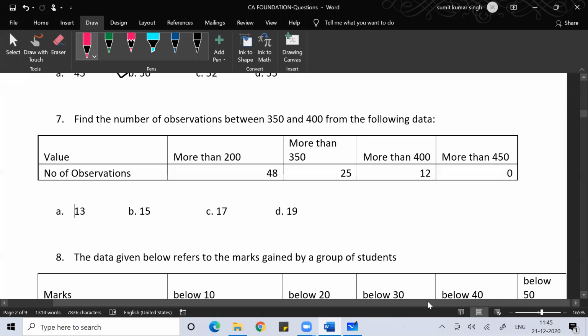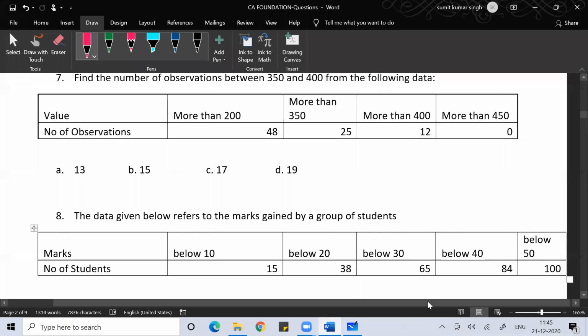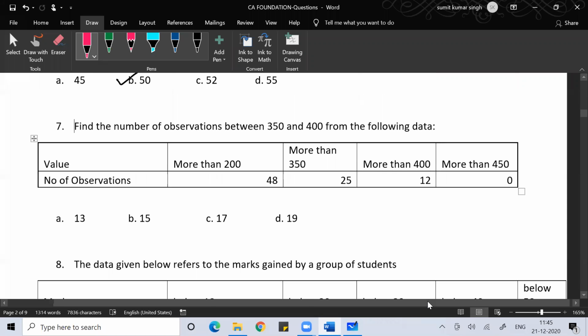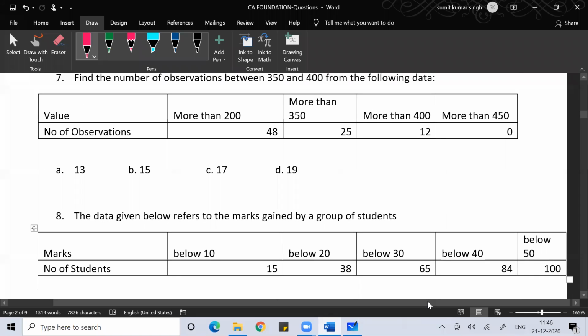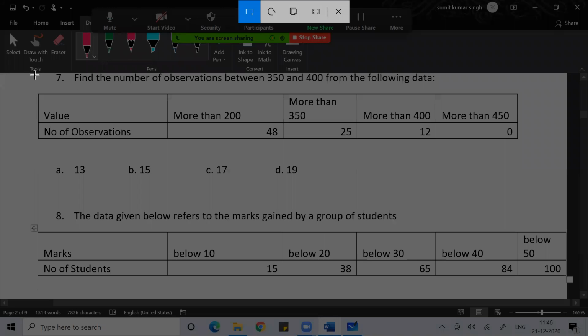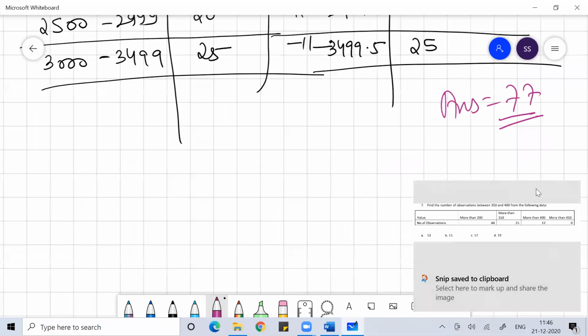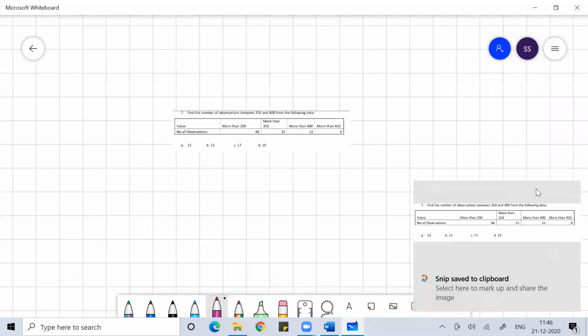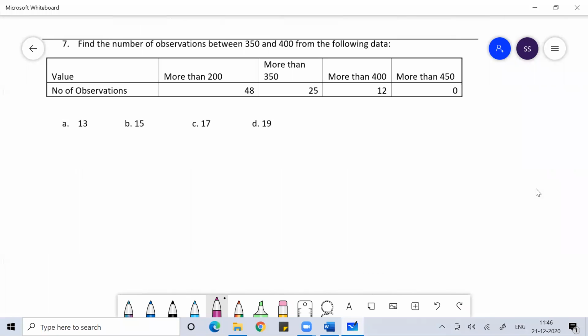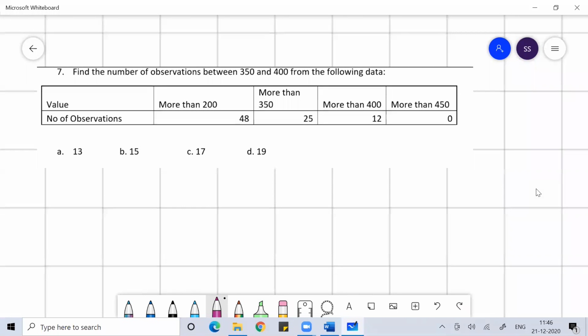Solve this question, everyone. Here, if you see this question, find the number of observations between 350 to 400.